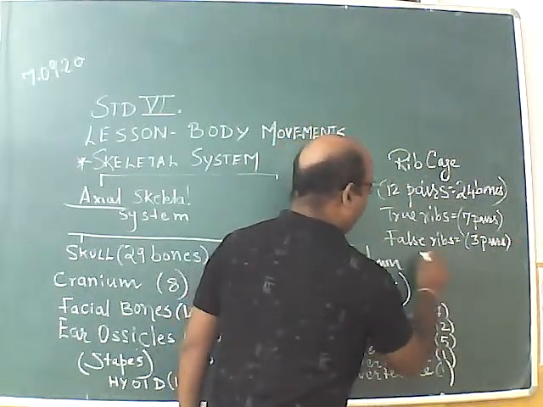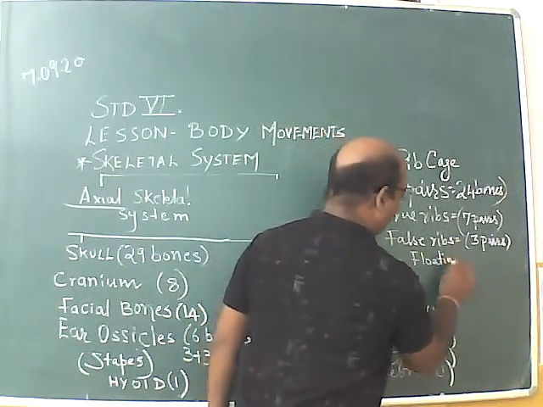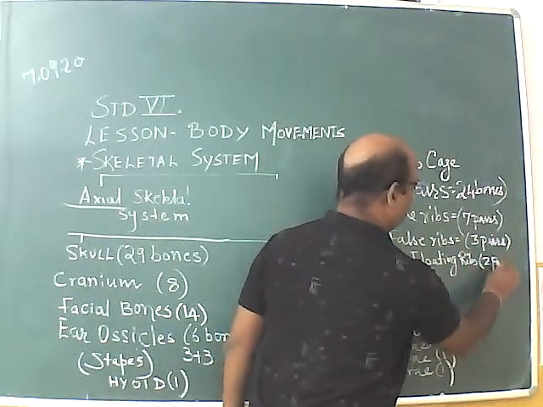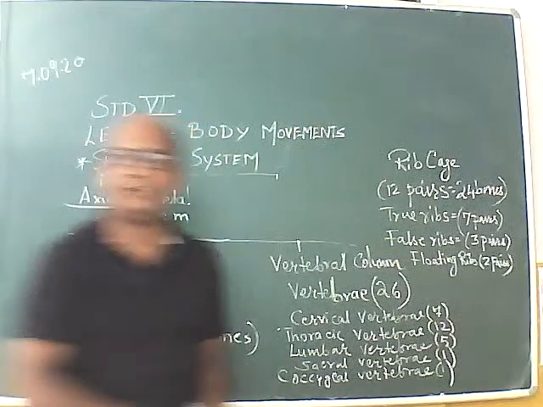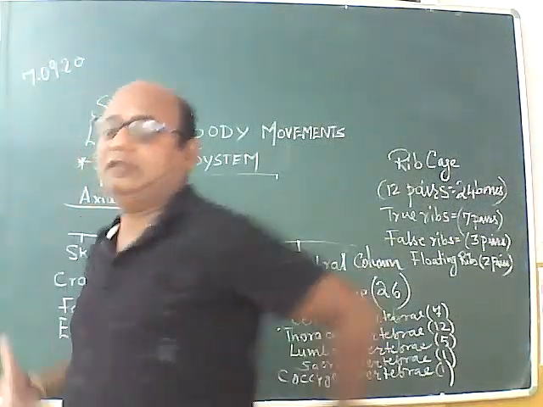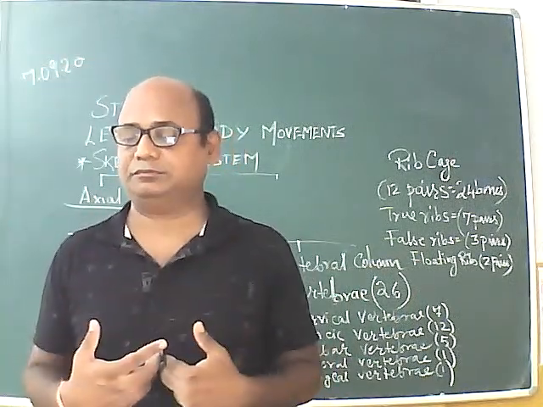And we will find the floating ribs. 2 pairs are there. These floating ribs connect to the vertebral column, but they do not join the sternum.